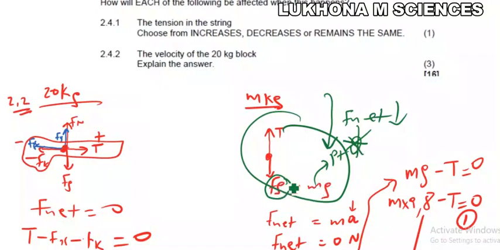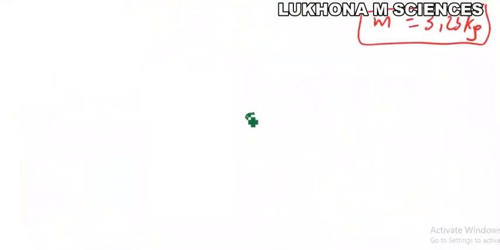When Fg decreases, remember our net force depends on Fg. When the forward force decreases, this one will decrease because the weight decreases. Let's draw the free body diagram here. We have the tension, we have Fg.